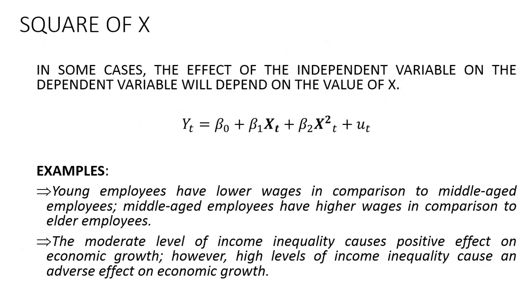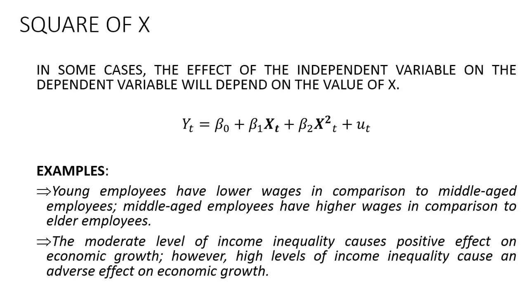For instance, you know that young employees have lower income in comparison to middle-aged employees. At the same time, middle-aged employees have higher income in comparison to elder employees. So as you can see, age increases your income, but only up to some point. Let's say this point is 45 or 50 years.